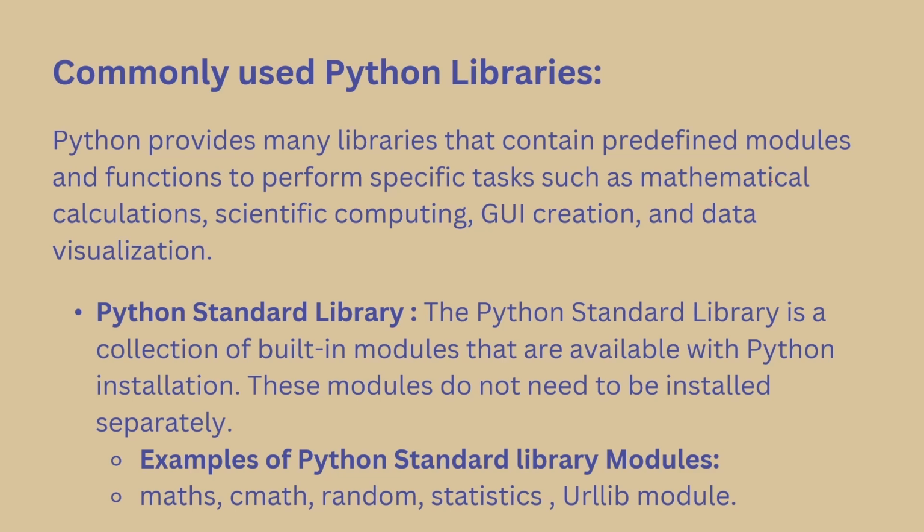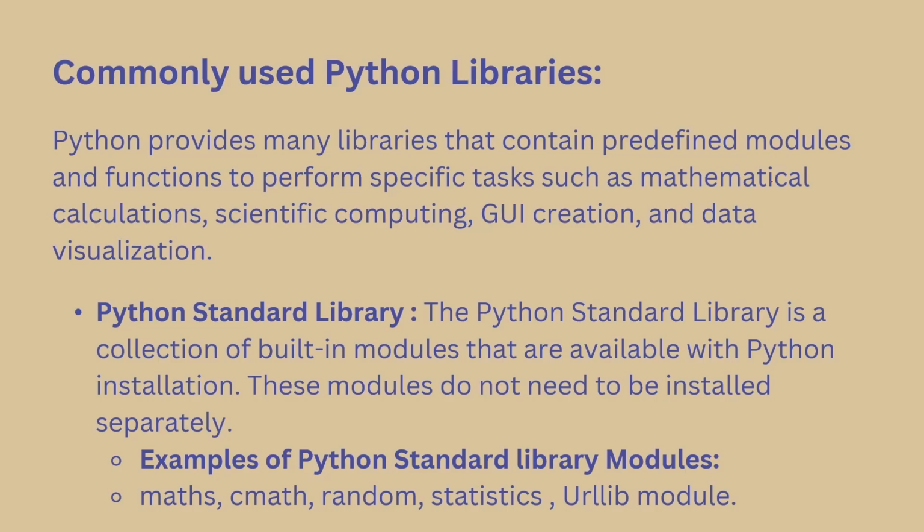For mathematical calculations, we have a separate library. For scientific computing, we have a separate library. For GUI creation, we have a separate library. Some of these libraries are like the Python standard library.